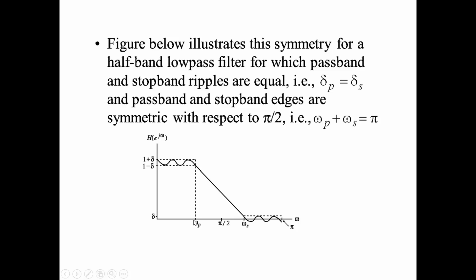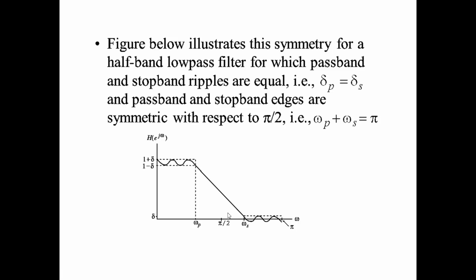So this is the passband edge. This is the passband frequency, which is omega p, corresponding to the minus 3 dB attenuation. At this point, if you get the frequency value, you will get it equal to omega p, and at this point, corresponding to delta, which is the stopband attenuation, you will get the stopband edge. So the passband edge and the stopband edge are symmetrically placed about the center value of pi by 2.